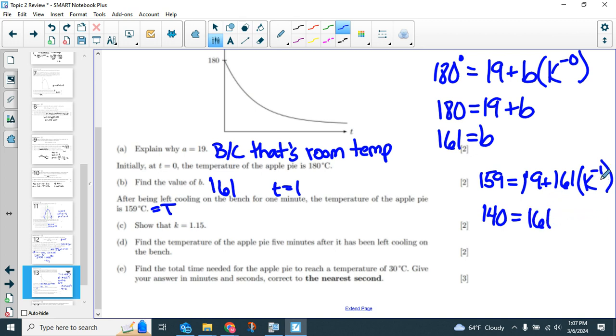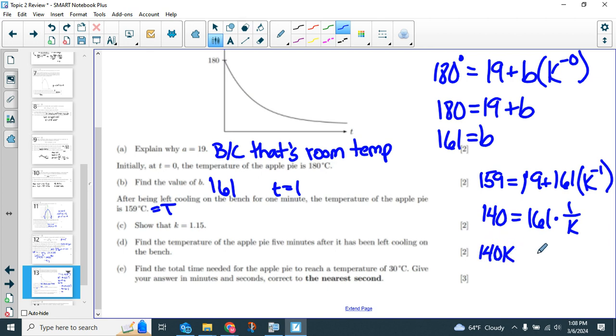Now k to the negative first power, how can I rewrite that without a negative exponent? What do negative exponents do? What would that fraction be? 1 over k. 1 over k to the first, but you don't have to write that. Well, now we could multiply both sides by k.